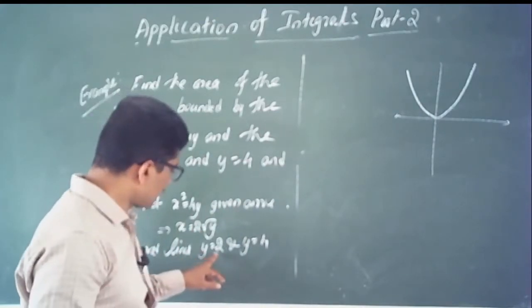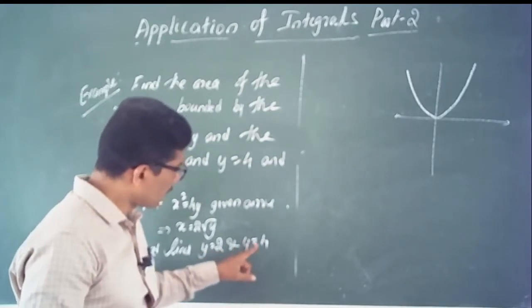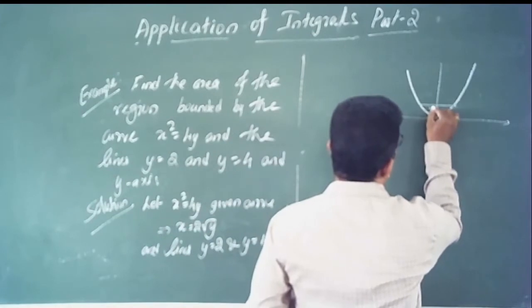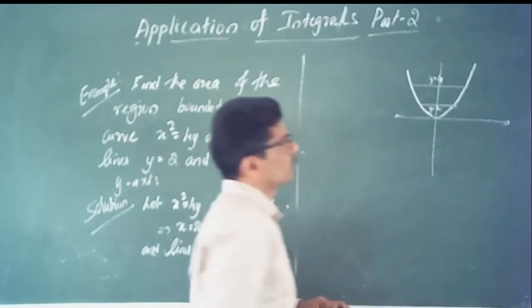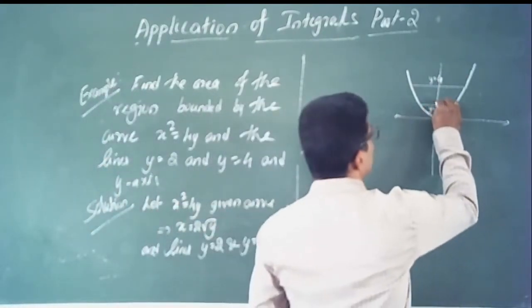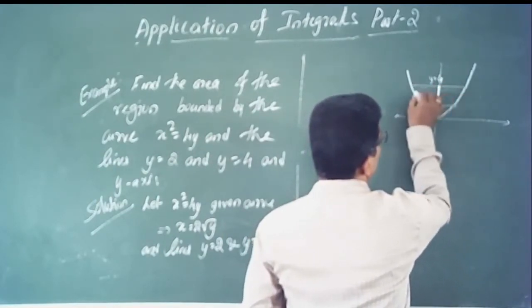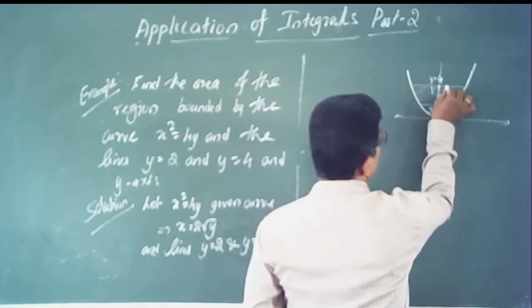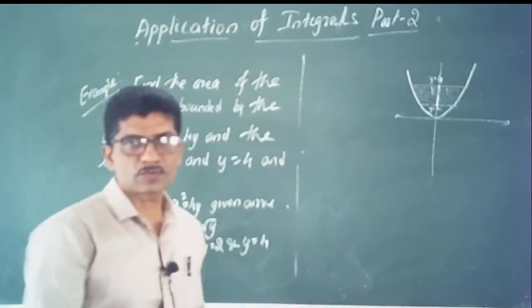The lines are parallel to the x-axis: y is equal to 2 and y is equal to 4. This one is the total area. Here find this total area.